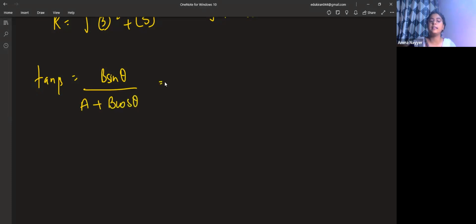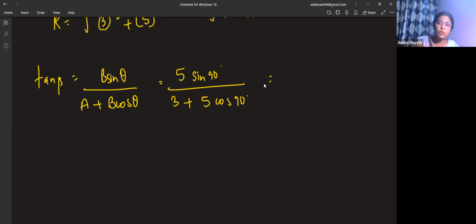This is how we write the magnitude. So vector B is 5 into sine 90 divided by vector A is 3 plus vector B is again 5 cos 90 degrees. So sine 90 degrees is 1. All those who do not remember these values, trigonometric values, please mark it here on registers on the topmost corner, so that you can remember it.